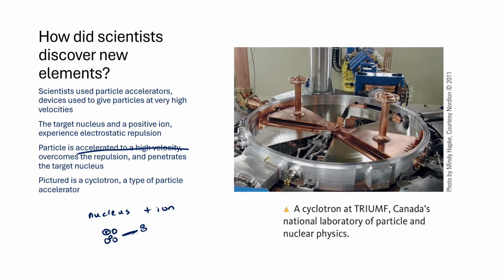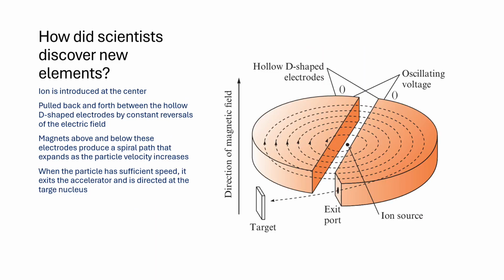So you have this machine called a cyclotron, which is a type of particle accelerator. This is the cyclotron at TRIUMF, Canada's National Laboratory for Particle and Nuclear Physics. Ions are introduced at the center, the ion source, and are pulled back and forth by the D-shaped electrodes through constant reversals of the field.